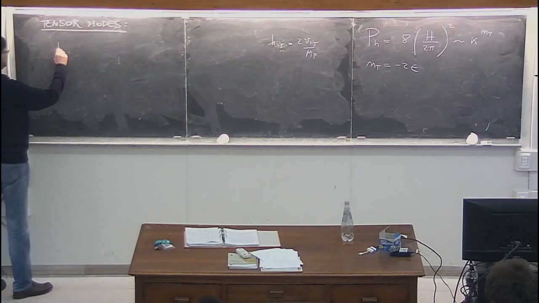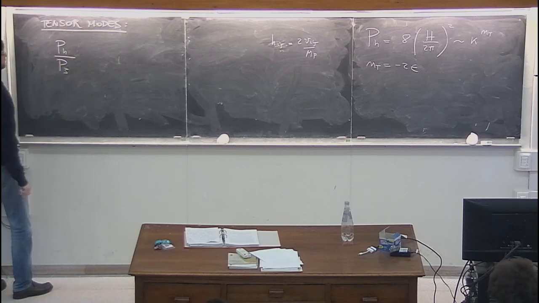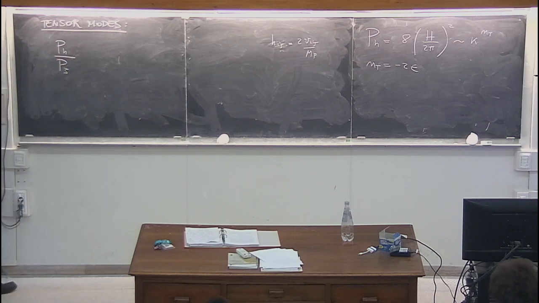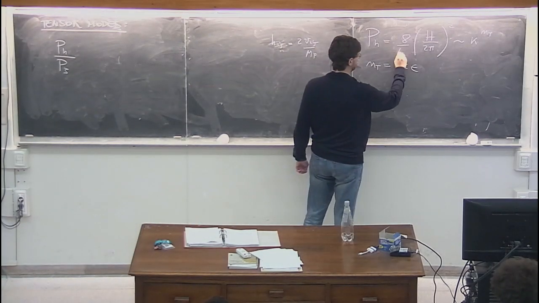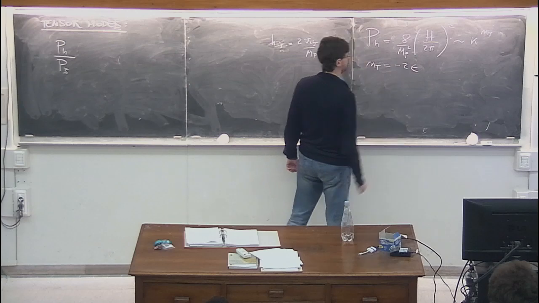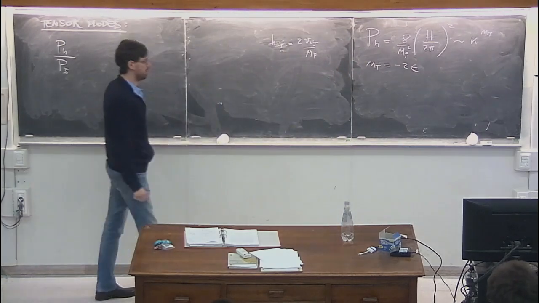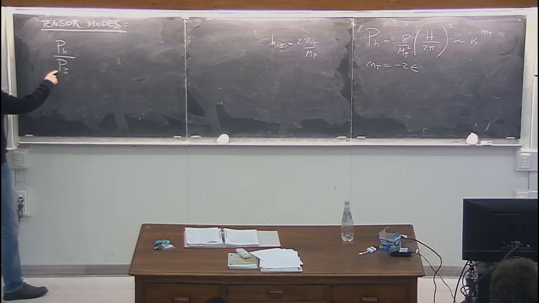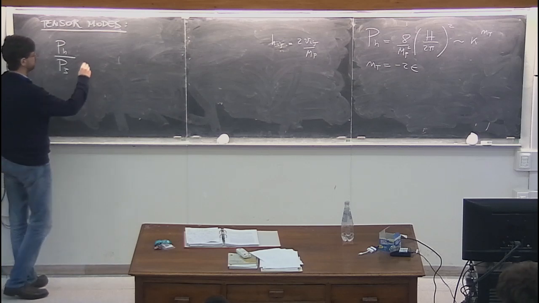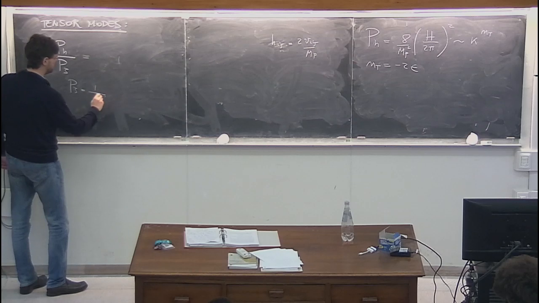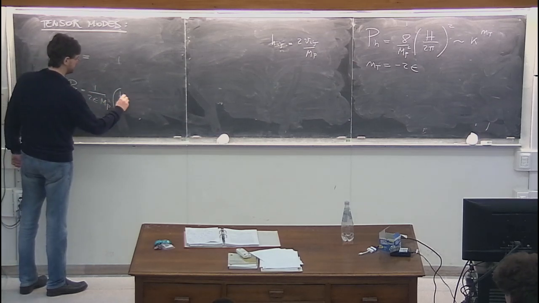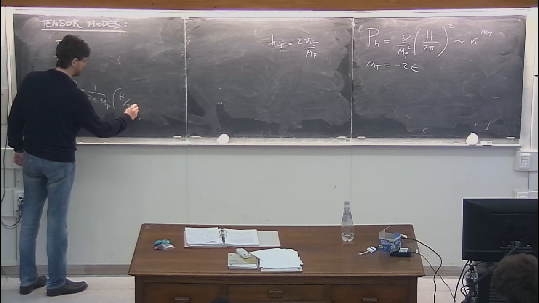If I divide pH by p zeta, sorry, of course, I forgot here something, which is the M Planck. Okay, so if you write down this ratio, what is it? If you remember, p zeta goes like 1 over 2 epsilon M Planck square, H over 2 pi square.